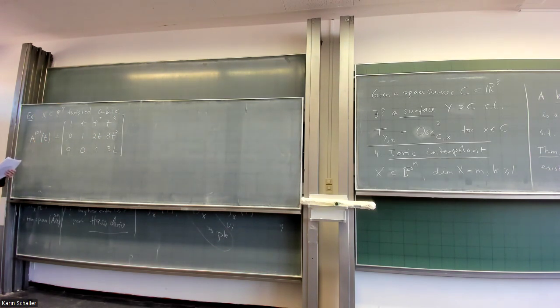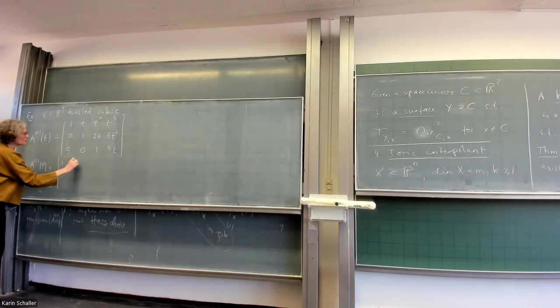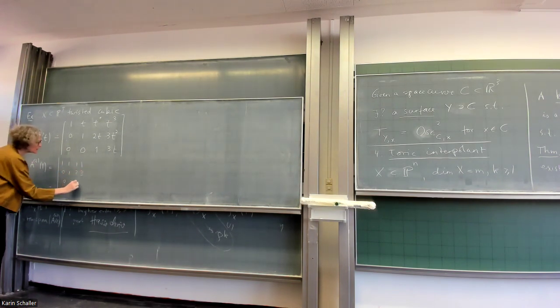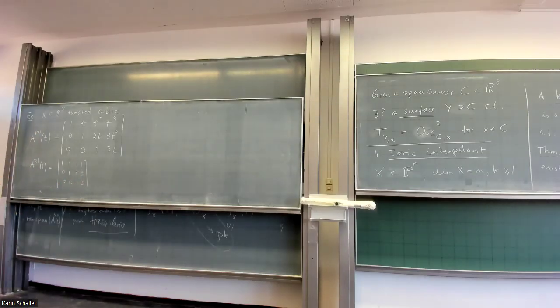And now, if I look at A_{2,1}, I get the matrix 1, 1, 1, 1, 0, 1, 2, 3, 0, 0, 1, 3. So this is a very nice lattice thing where I have my ones, and then I have 1, 2, 3, 4 lattice points, but now in 2 dimensions.